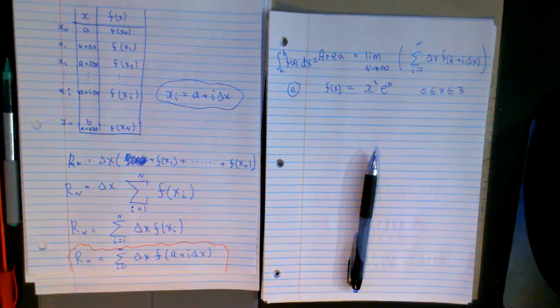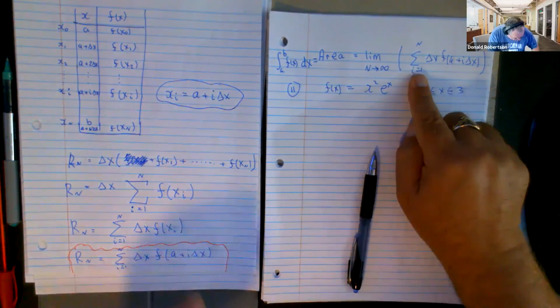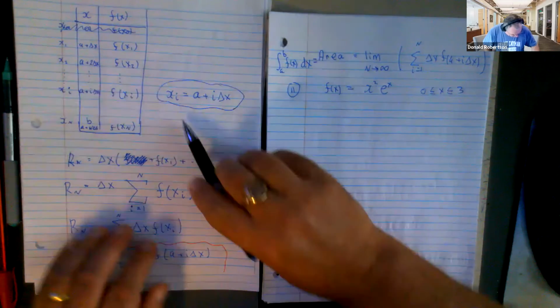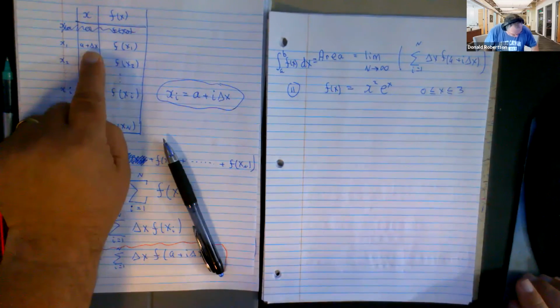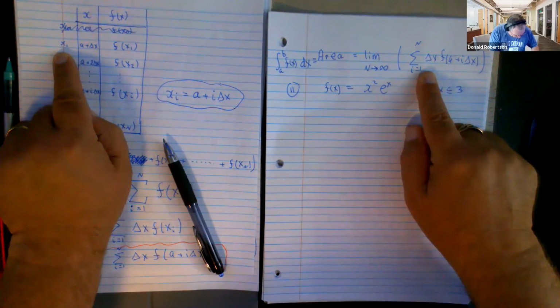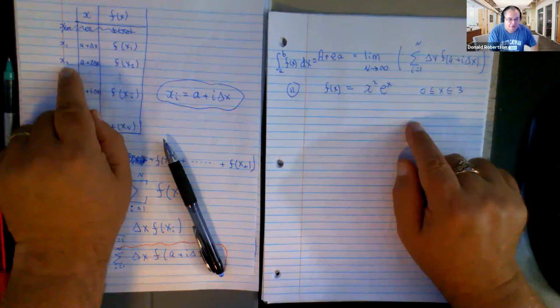What does the i equals 1 mean? I equals 1 means you start with 1. So i equals 1 means the first time you do the sum, i is the number 1, so you generate this guy. Then you make i equal 2 and you generate this guy.